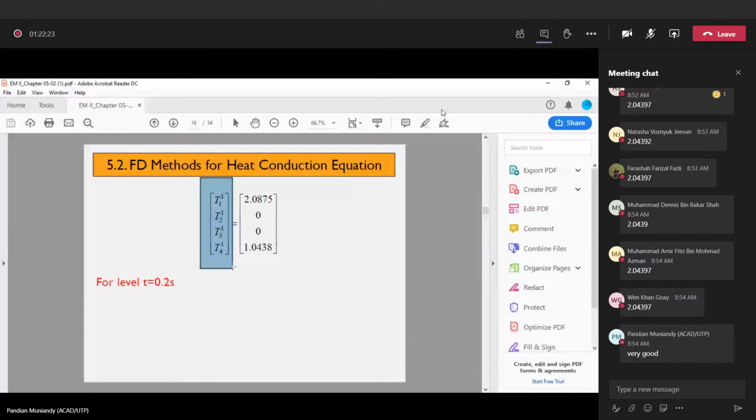And then the third row, T subscript 3 superscript 2 is 0.02179. And then T superscript 2 subscript 4 is 2.04397. Write down, yeah. This is complete.